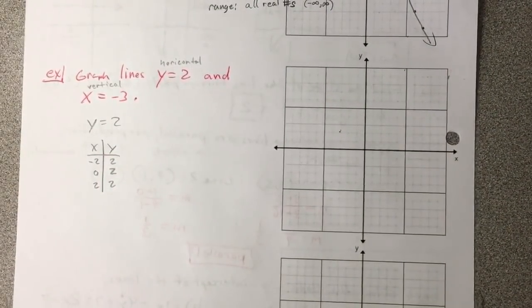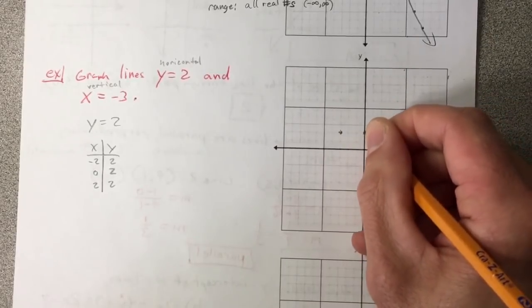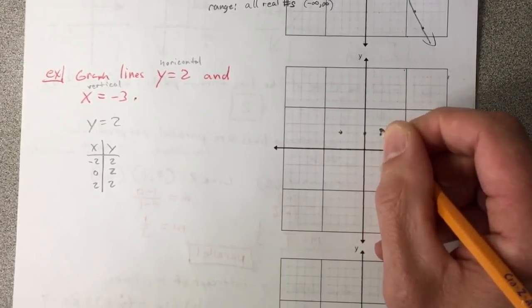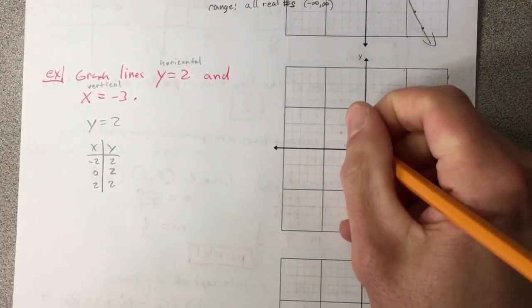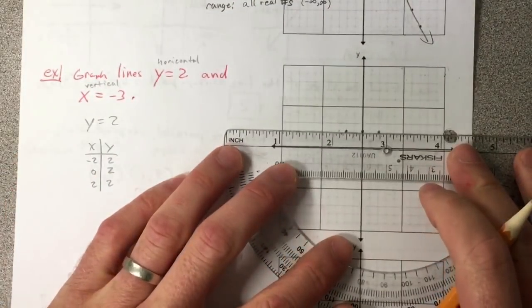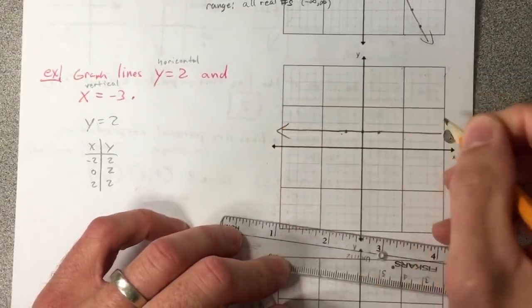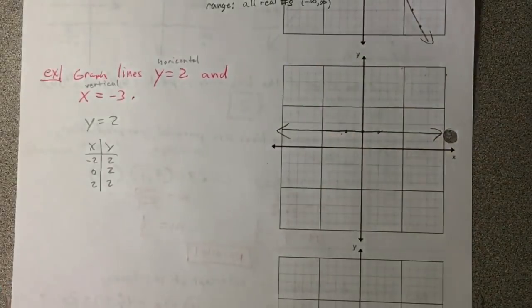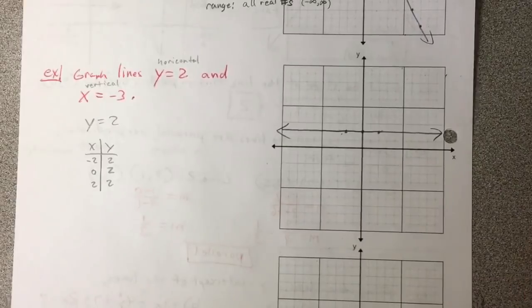And when you graph those coordinates, (-2, 2), (0, 2), (2, 2), you quickly realize that if I connect those, that's going to be a horizontal line. So again, if you forget which one's horizontal and which one's vertical, make yourself a little table of values, fill in what you know, and I think it becomes apparent pretty easily.